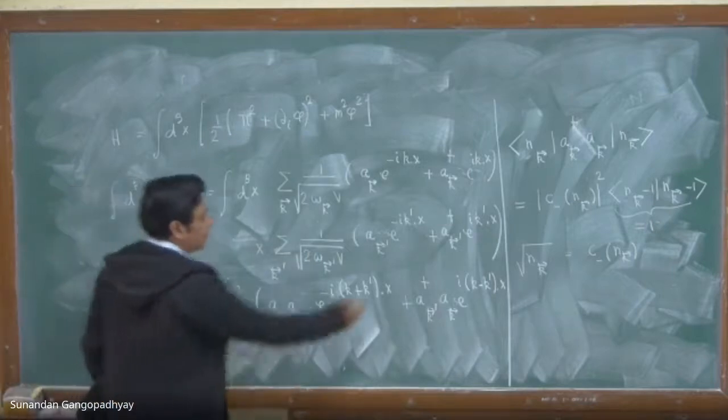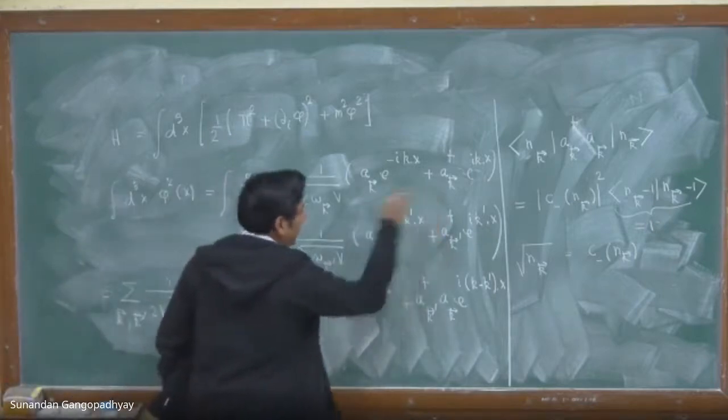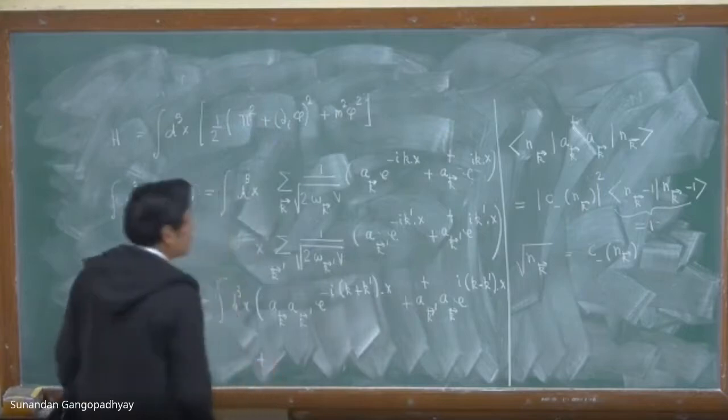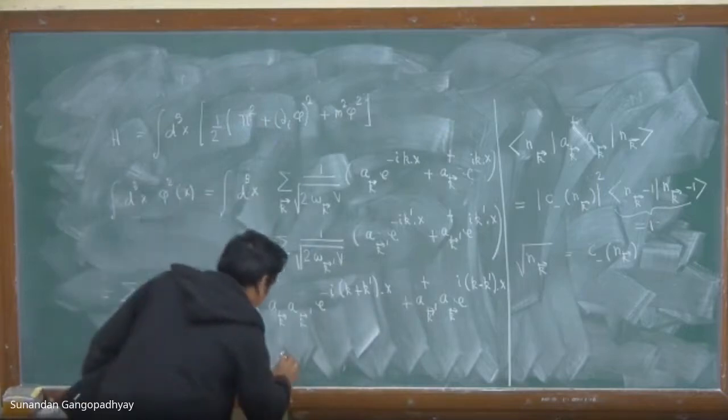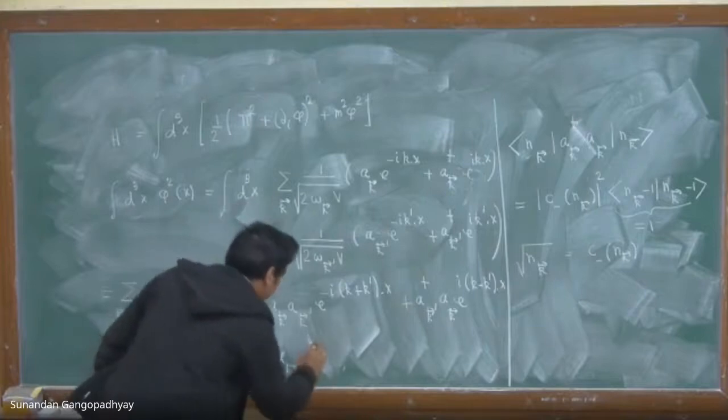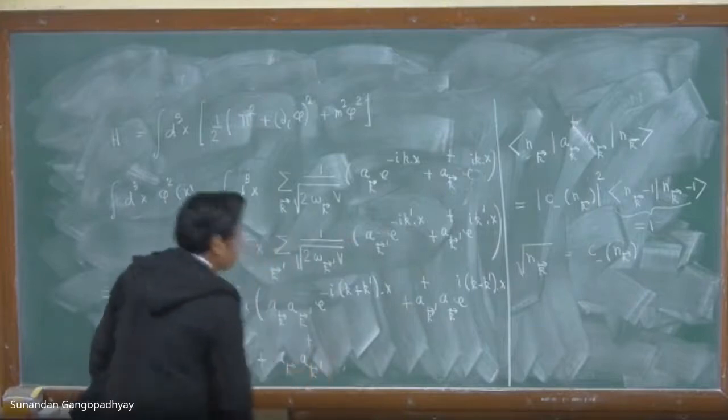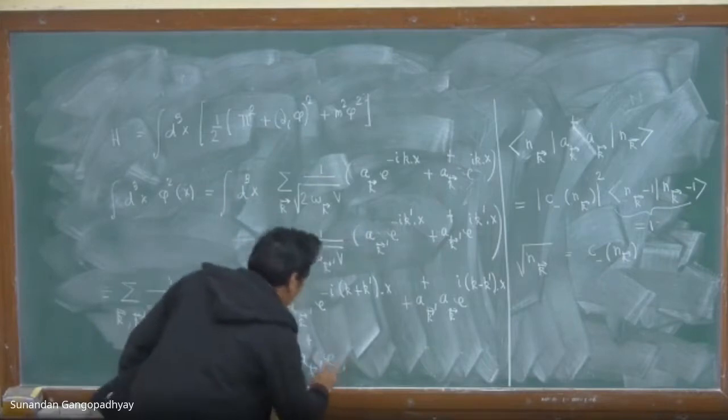And then we have this multiplied by this and this multiplied by this, plus a_k dagger, prime, minus i.